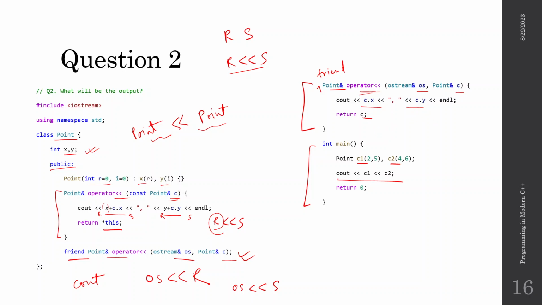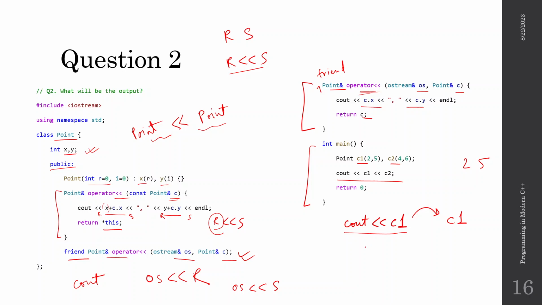So now we come to the main function. First this cout and c1 line gets executed. Since c1 is 2 comma 5, it will print 2 and 5. But this function will return a point object, which is the point that we have inputted, so this will return c1.